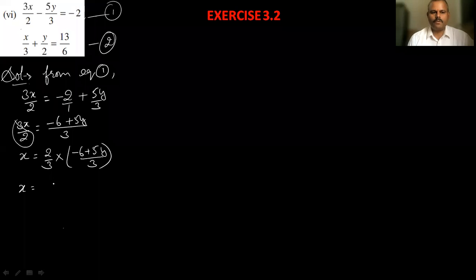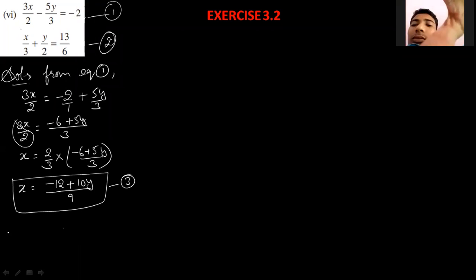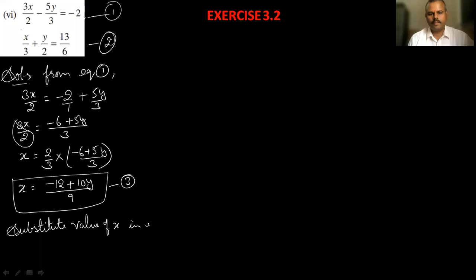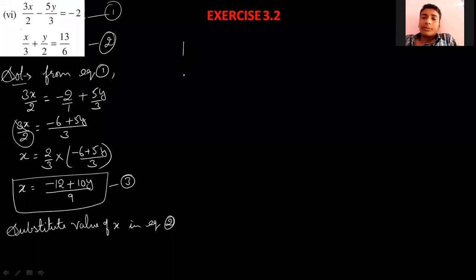What is the value of x you get? Minus 12 plus 10y upon 9. Now this is the value of x which you have. Then substitute this value of x in equation 2.